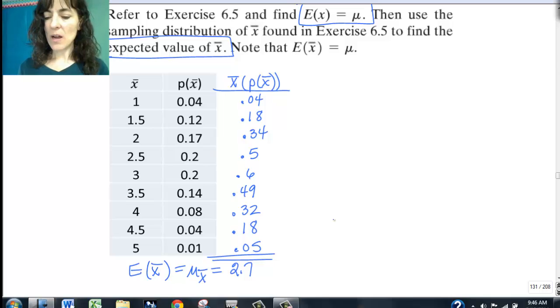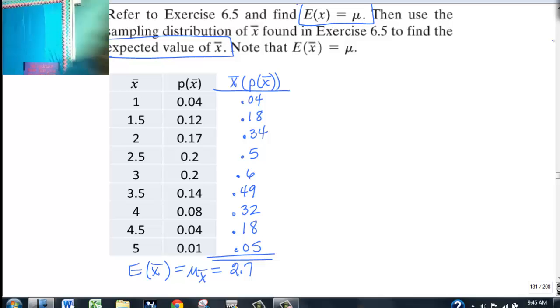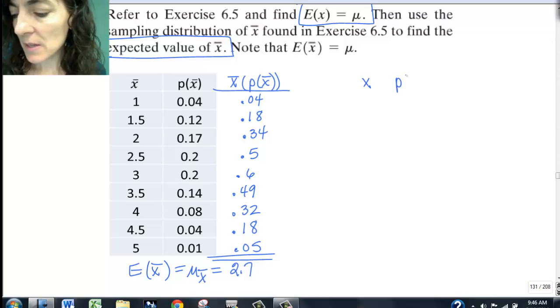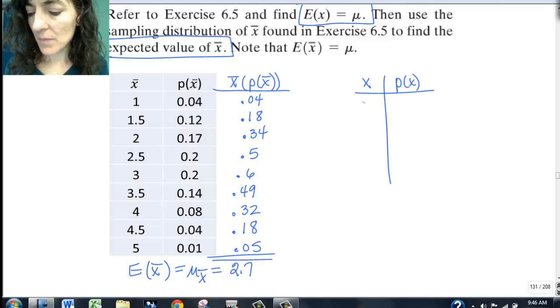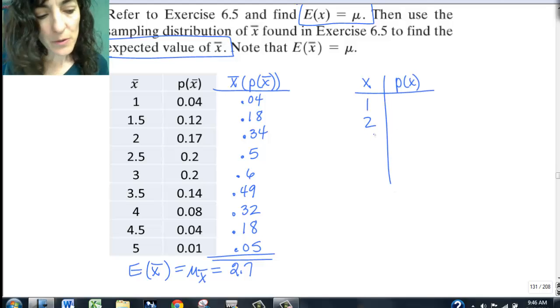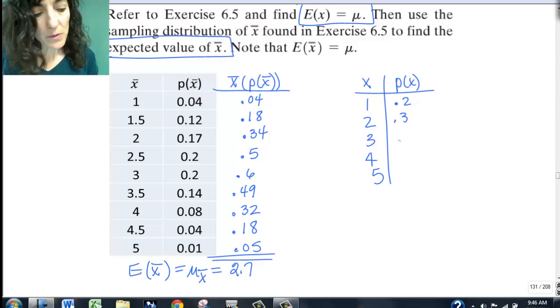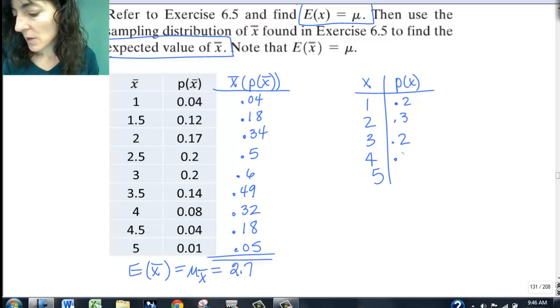Okay, now I also need to find the mean of the x's. So if I go back to the previous page, I had this table, x and p of x. 1, 2, and 0.2, 0.3, 0.2, 0.2, 0.1.